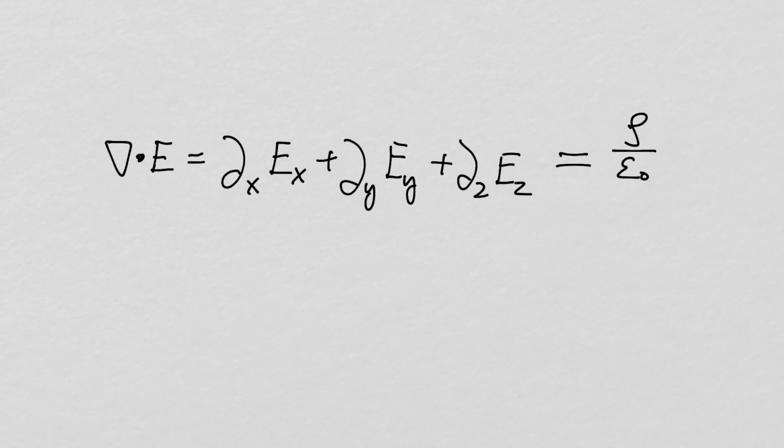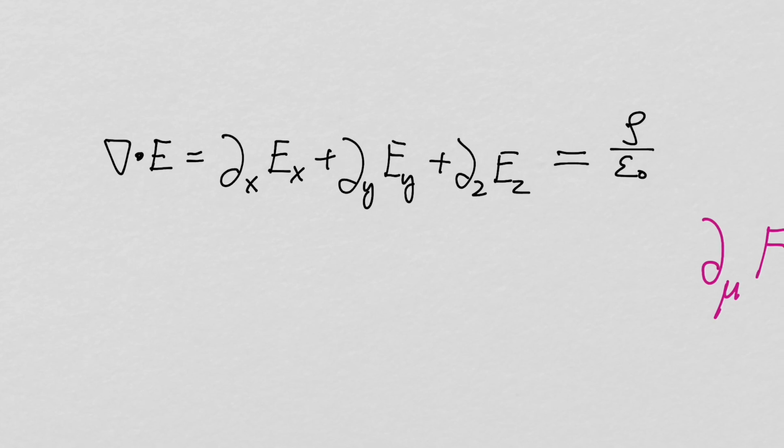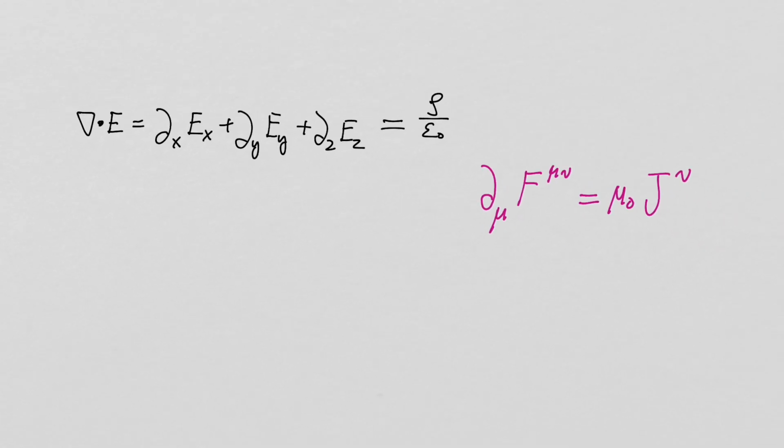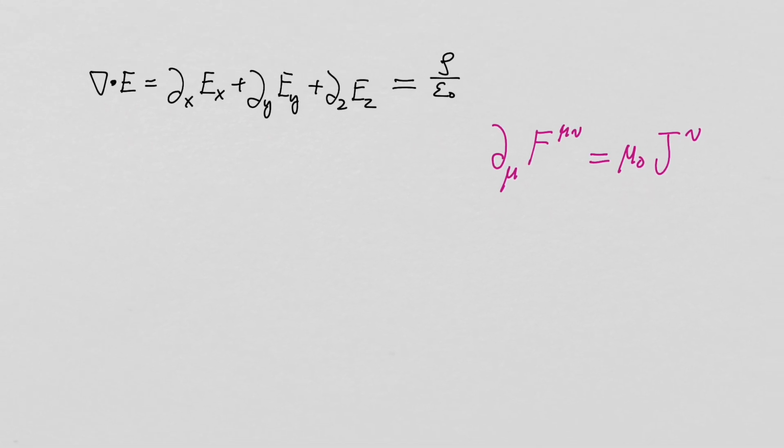So somehow this has got to be buried inside our new form of expressing Maxwell's equations: the 4 divergence of the electromagnetic field tensor equals mu naught times the 4 current, right? So somewhere buried in here has got to be this expression, and likewise all of the other expressions.